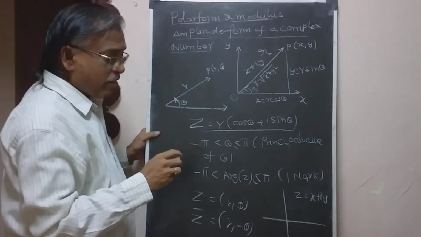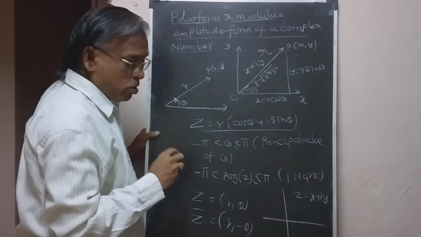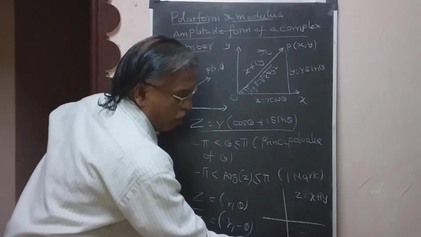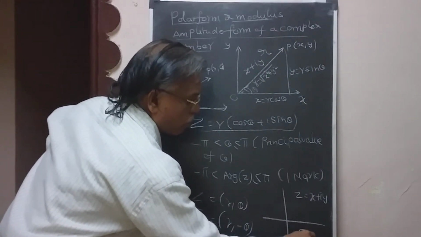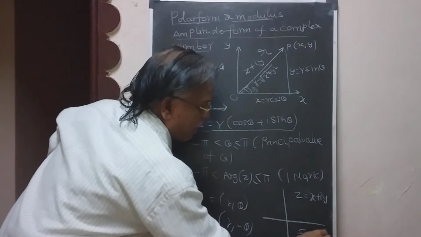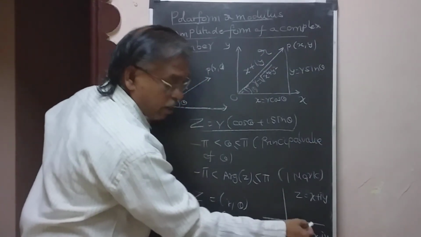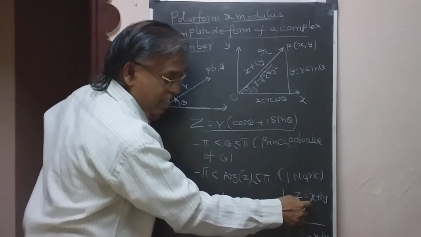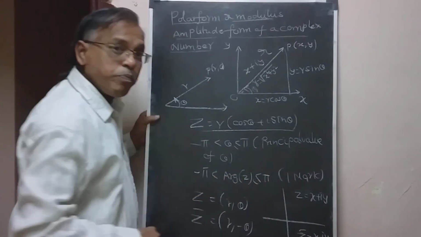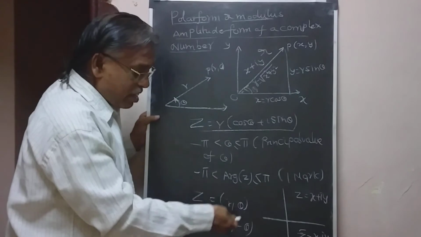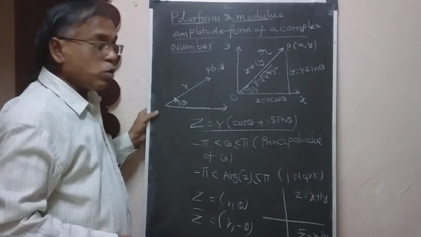So x minus iy lies in which quadrant? x positive, y negative. This one. This is z bar. That means if this is theta, this is minus theta. So like that you can find this argument theta value.